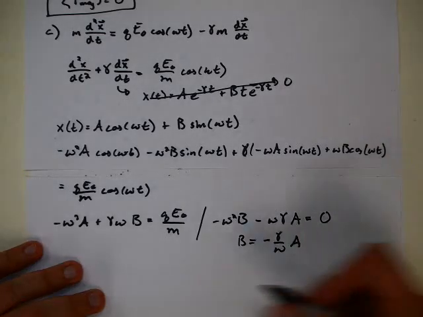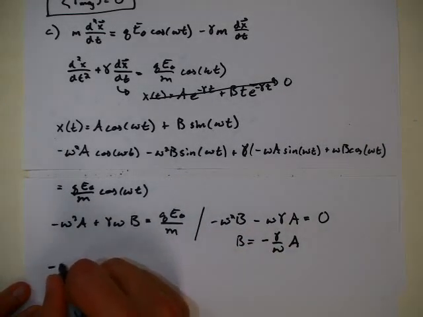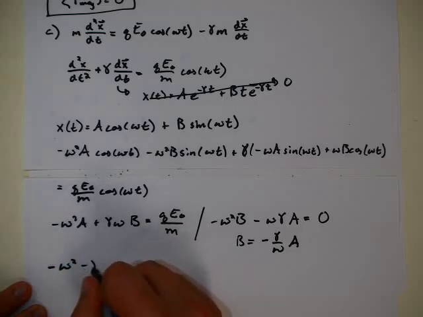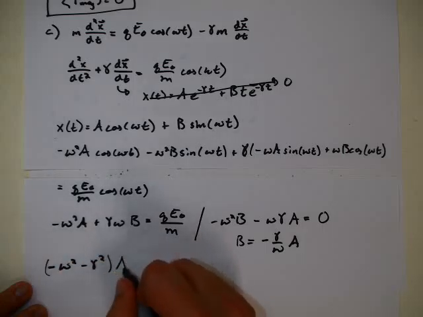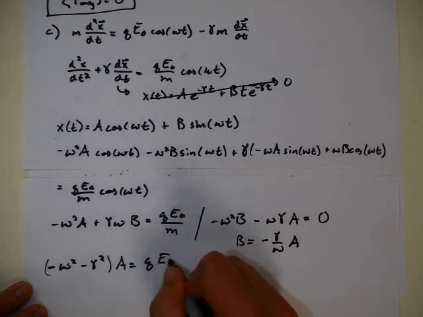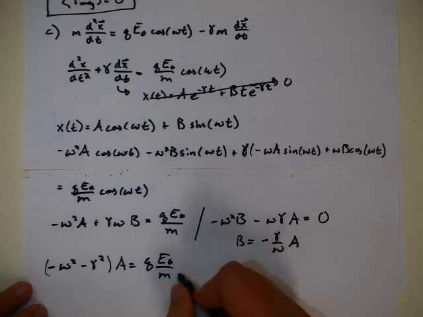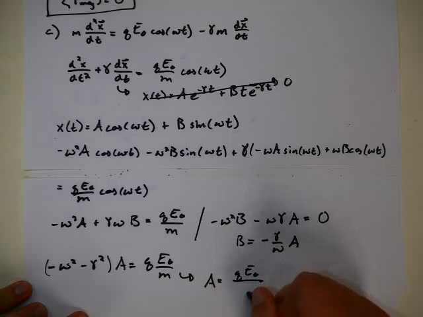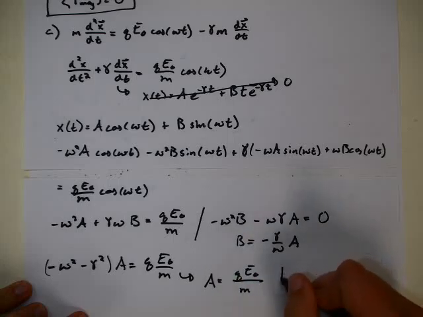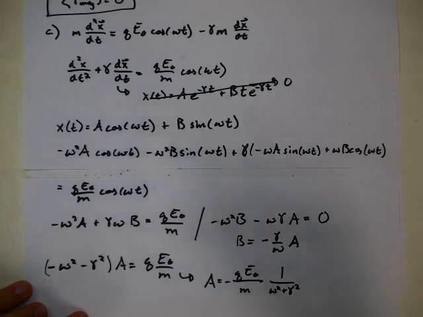We plug that back in and we get minus omega squared minus gamma squared a equal to q e naught over m. Finally, the amplitude is q e naught over m times 1 over omega squared plus gamma squared.